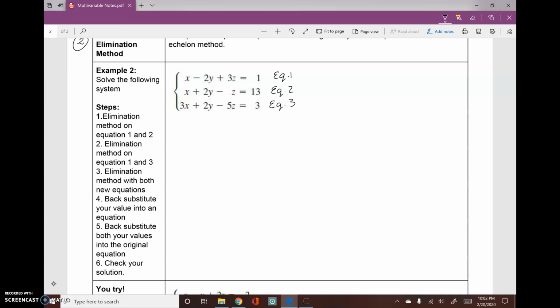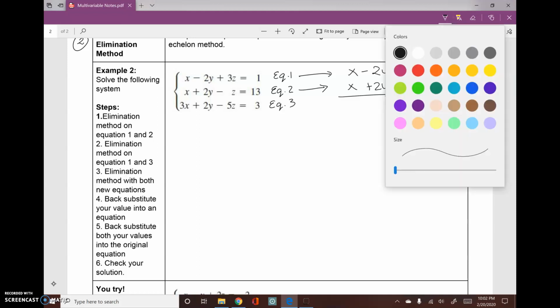Step 1 is telling us, do the elimination method on equations 1 and 2. I can already see that the variables that are going to be eliminated are my y's, because they are the same number but opposite signs.